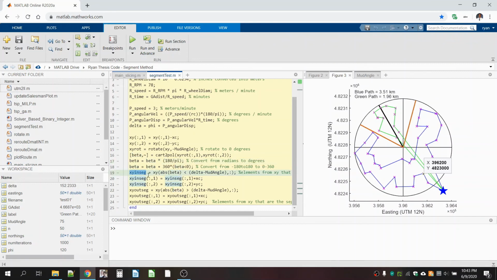So now with that, we can test: anything less than the mud angle or greater than the other bound will be inside the segment, and everything else is outside the segment. So that's what this code is doing. That's the segment test.